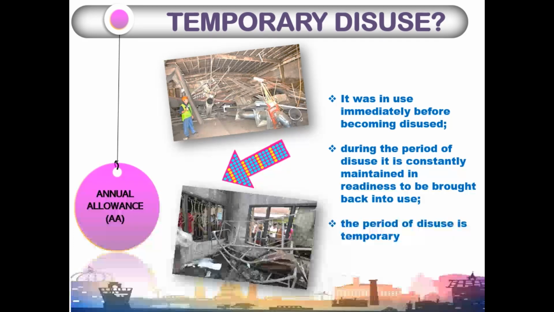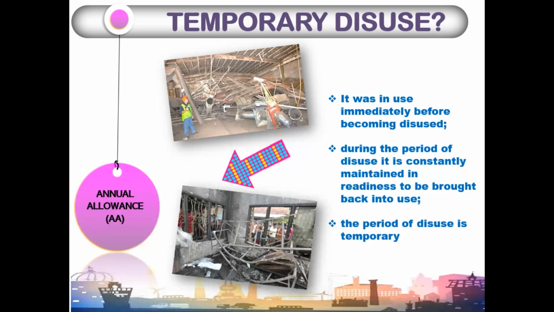Even though the factory is not actively used, the company maintains and tries to repair it so it can be used back in the business, so the company can claim annual allowance.